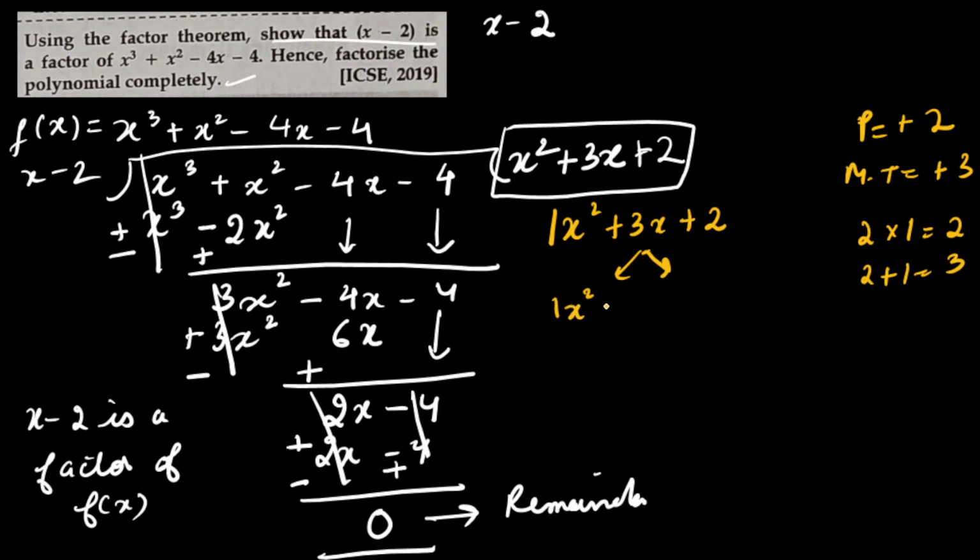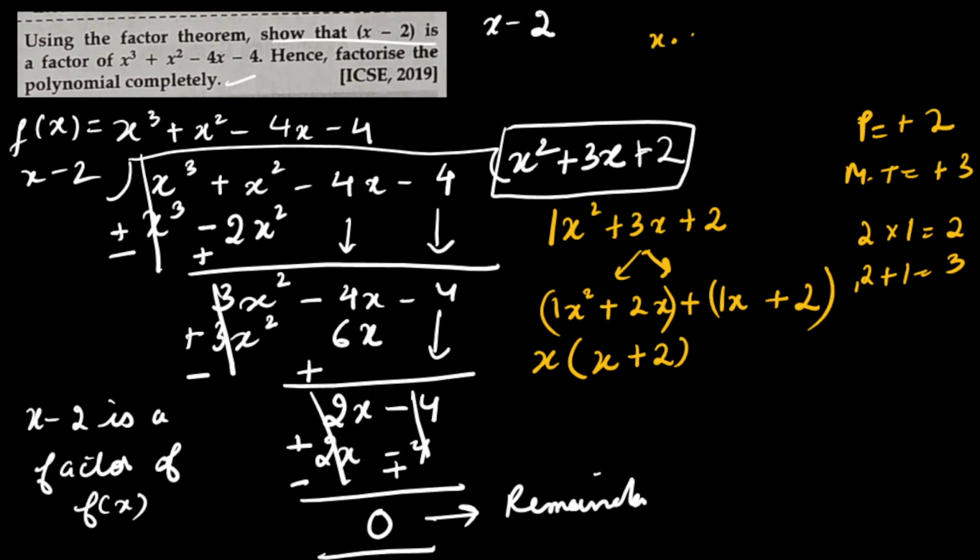So 1x square plus 2x plus 1x plus 2, because I have split the 3x into 2x and 1x. Now this is one pair, this is another pair. So here I can take x common. If x is common, x plus 2 is left behind, because x square is x into x, and 2x is 2 into x.